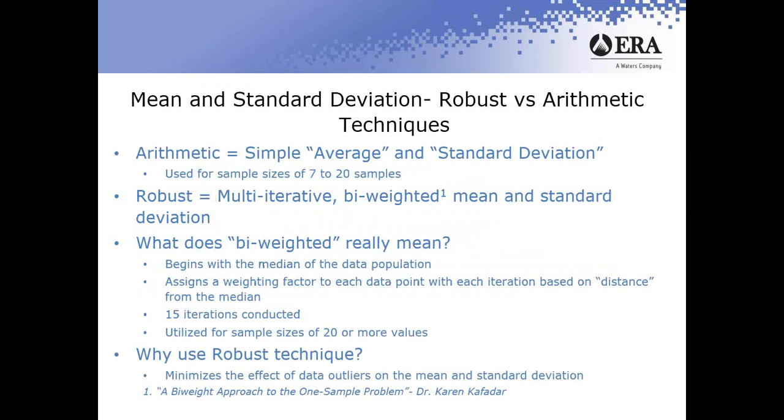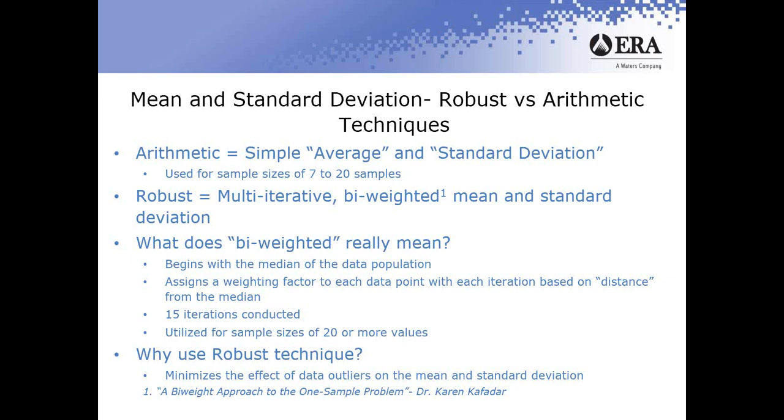Now, mean and standard deviation, robust versus arithmetic techniques. What's the difference? Well, arithmetic is just that. It's a simple average and simple standard deviation. PT providers typically use the simple for sample sizes between 7 and 20 data points.